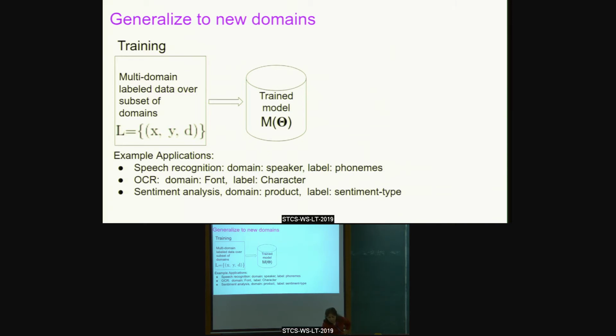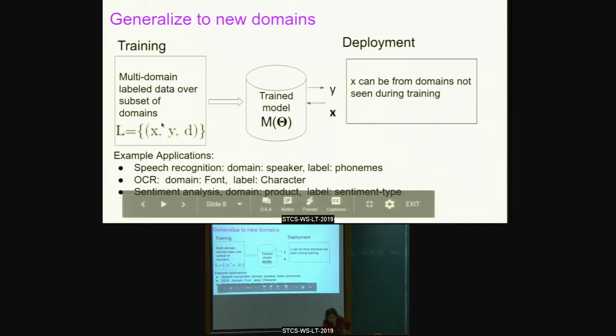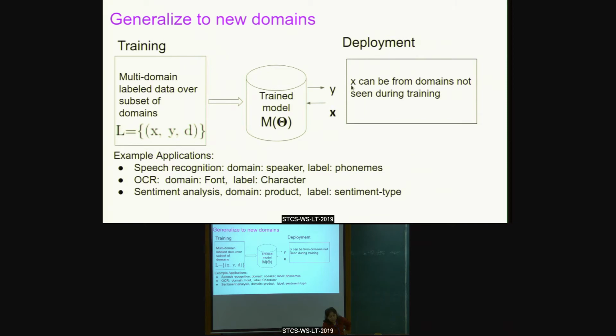So our deployment scenario is as follows. During training, we are given what we call multi-domain data. But at the time of deployment, we are given an input X and we are seeking its label Y for an isolated instance X, without any information about the domain. In fact, X can come from a domain which is outside the training domains.